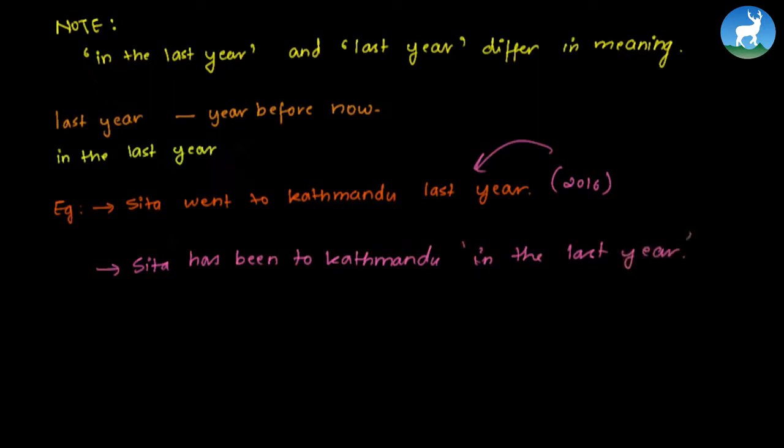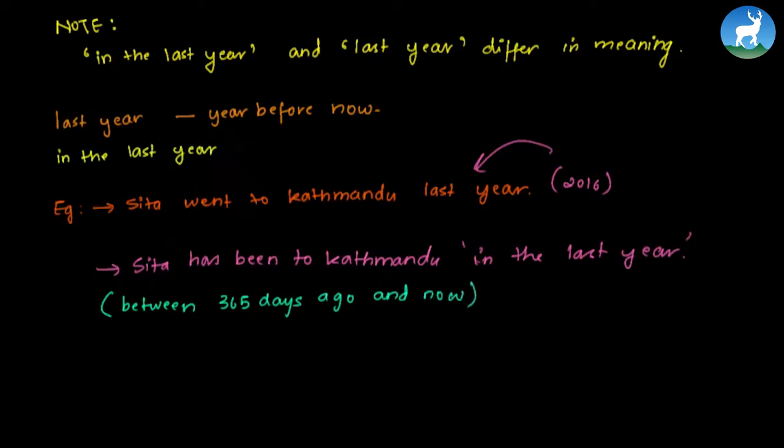It means Sita has been to Kathmandu at least once at some point between 365 days ago and now. So it does not mean 2015, but some point of time between a year, that's 365 days ago, and now.